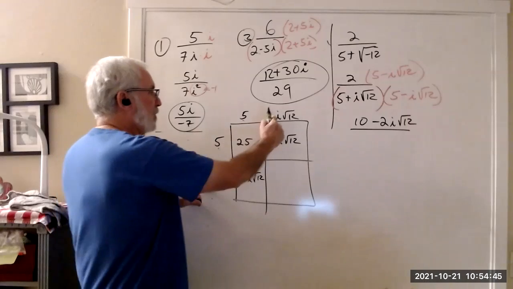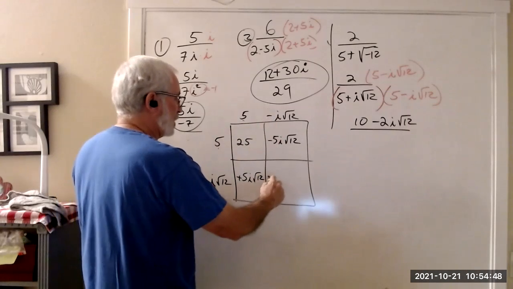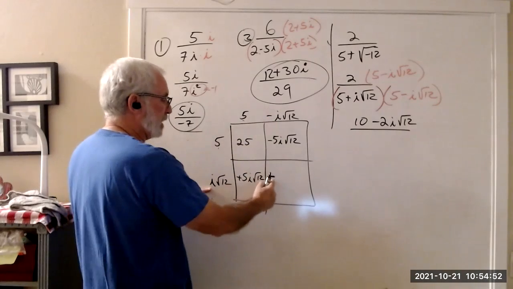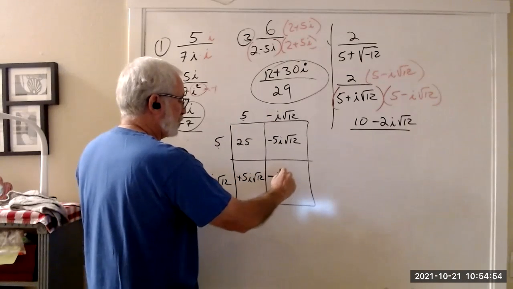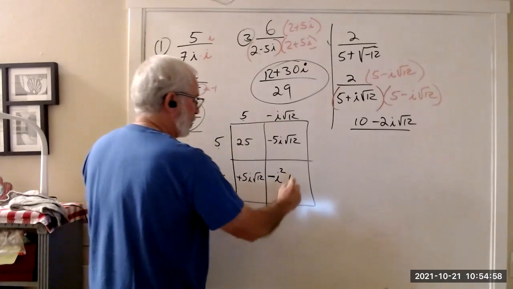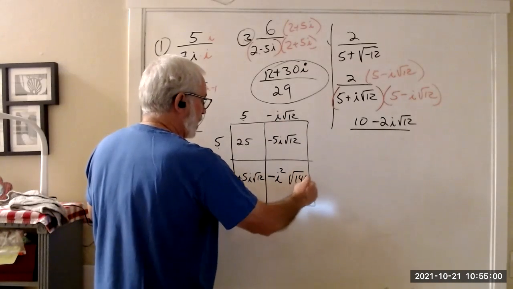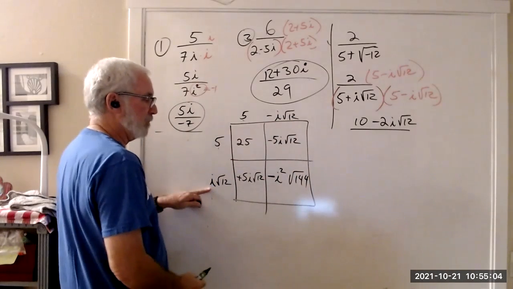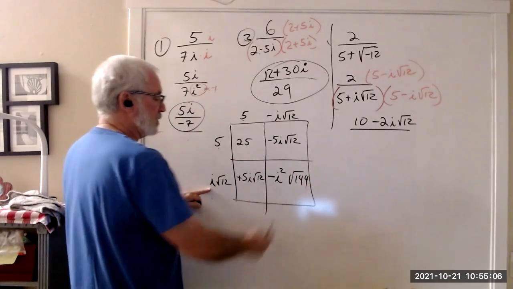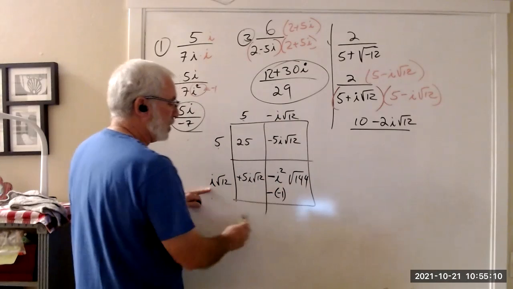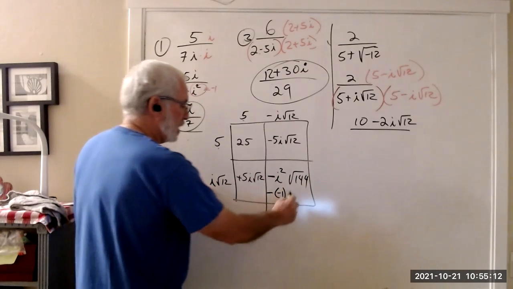And multiplying these two is negative, because positive times negative is negative, i squared. i times i is i squared, radical 144. 12 times 12 is 144. So this is negative times negative 1, because i squared is negative 1, times 12.